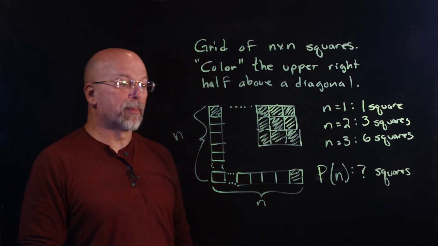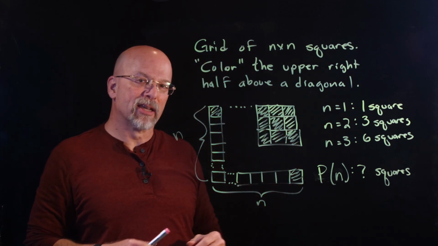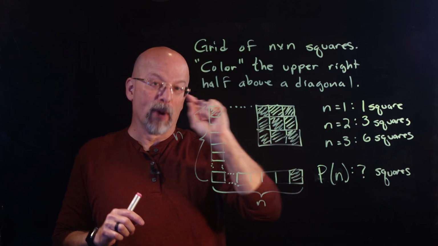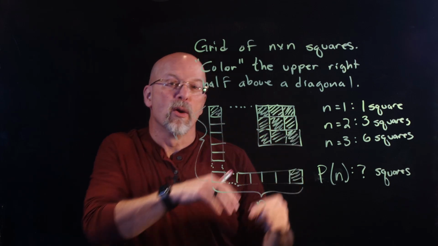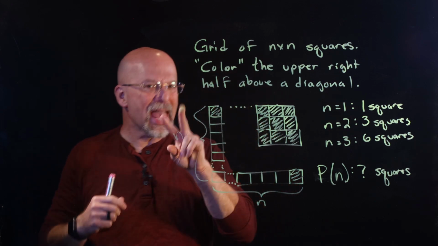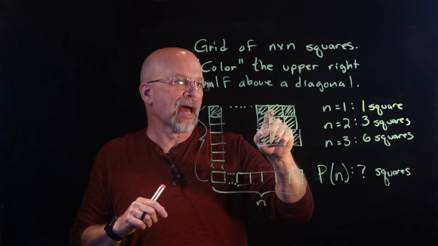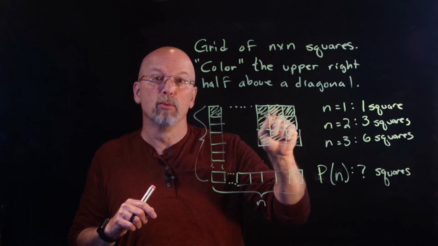Now, let's talk a little bit about how we're forming this. Every time we add another row, we went from n equals 1, exactly 1 square added, 1 square colored in. When we went to n equals 2, when you added that top row, we added 2 more colored squares. So you had just this square, added another row of 2, you added 2 more, right?